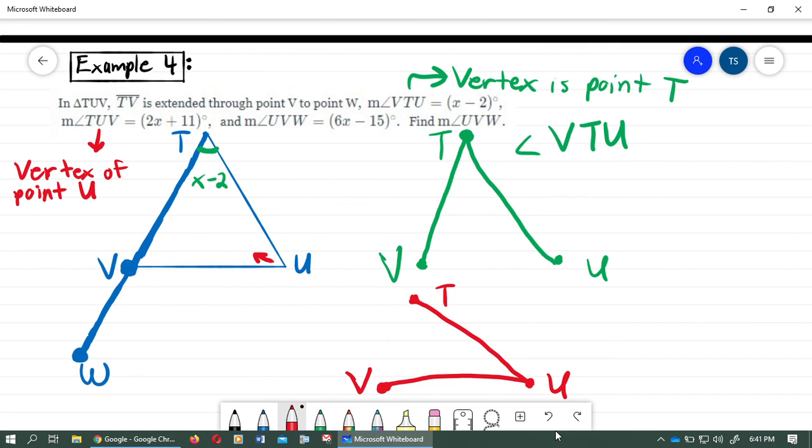That one is 2x plus 11. All right, and then they said angle UVW is 6x minus 15.